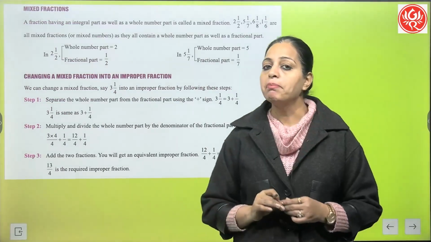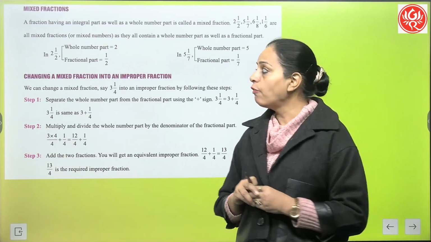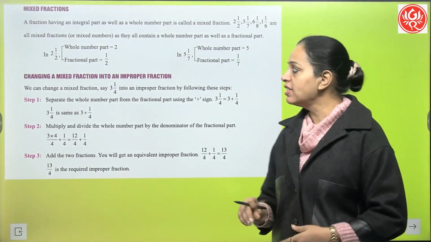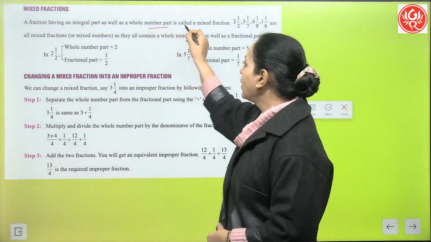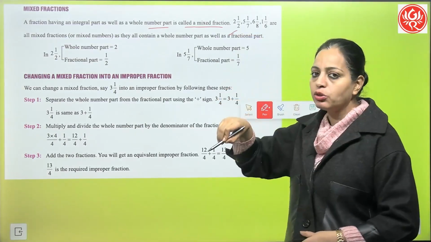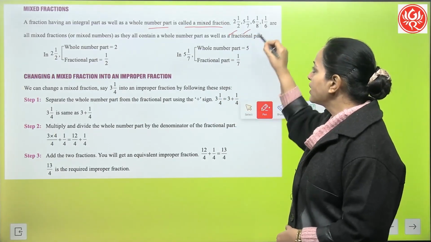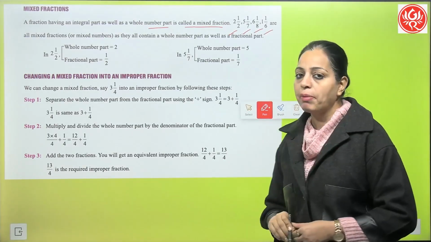Now the next, mixed fraction. What do you mean by mixed fraction? A fraction having a whole number part as well as a fractional part is called a mixed fraction. Like 2 whole 1 by 2, 5 whole 1 by 7, 6 whole 1 by 8, 1 whole 1 by 6.